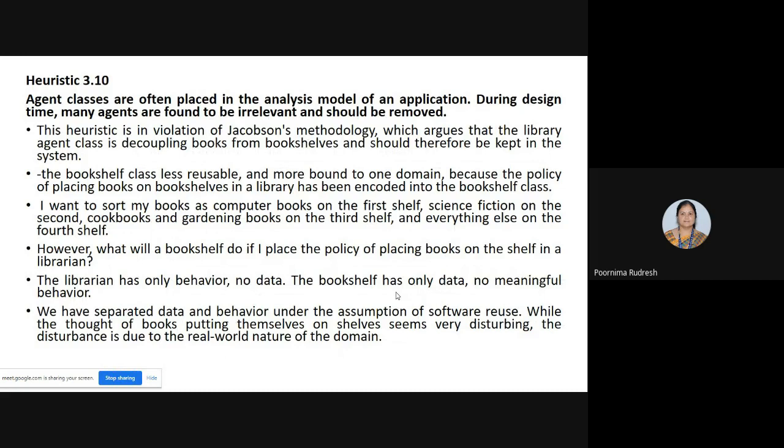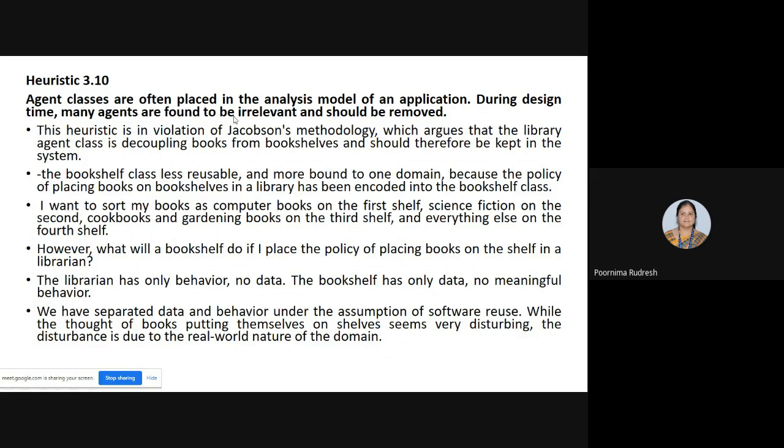So this heuristic mainly concentrates on adding the agent class in the analysis model and removing those agent classes as irrelevant classes during the design phase.